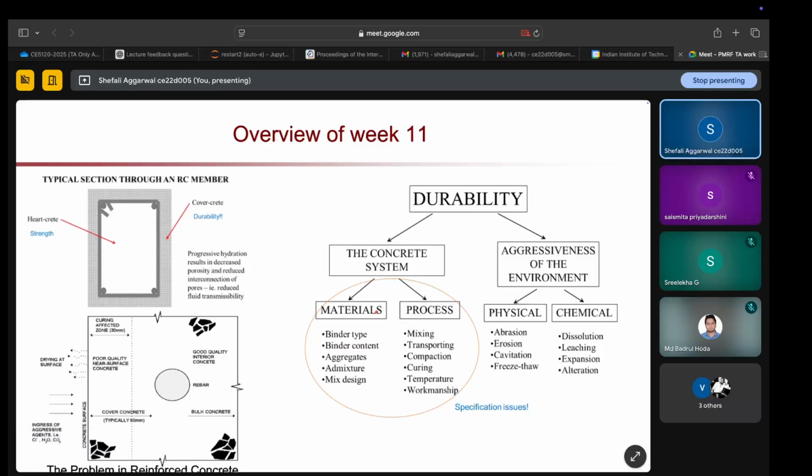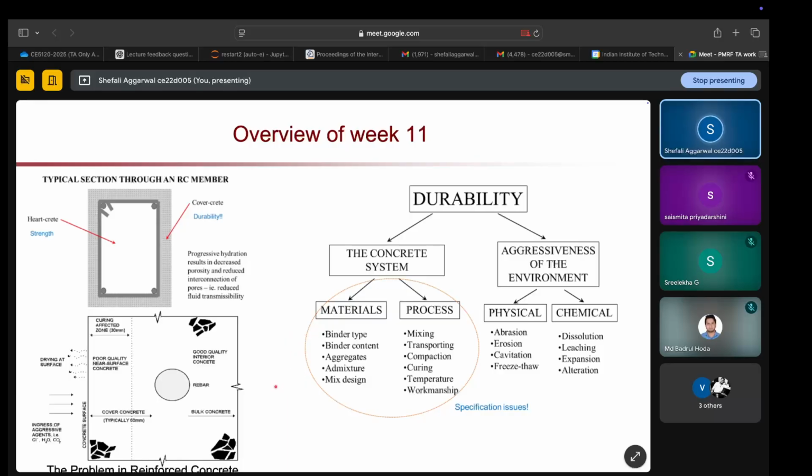If we talk about durability, we are dividing it into two parts. Firstly, our concrete system, and secondly, our outside environment. How can we control durability in a concrete system? One thing is using good quality materials, which will be affected by type of binder, content, aggregates, admixture, and using good mix design.